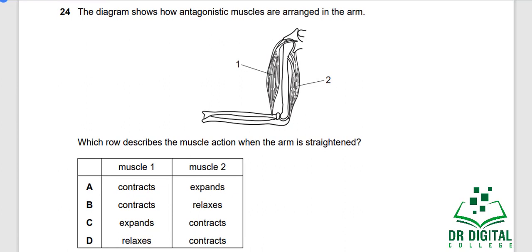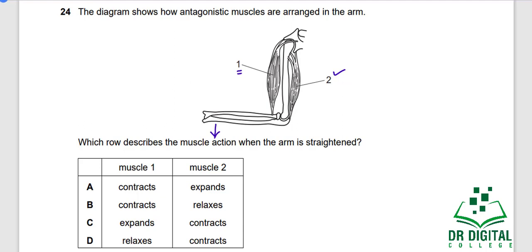In question 24, the diagram shows how antagonistic muscles are arranged in the arm. Which row describes the muscle action when the arm is straightened? You know that straightening of the arm is called extension. You have to move your arm in this direction. So 2 should contract and 1 should relax.